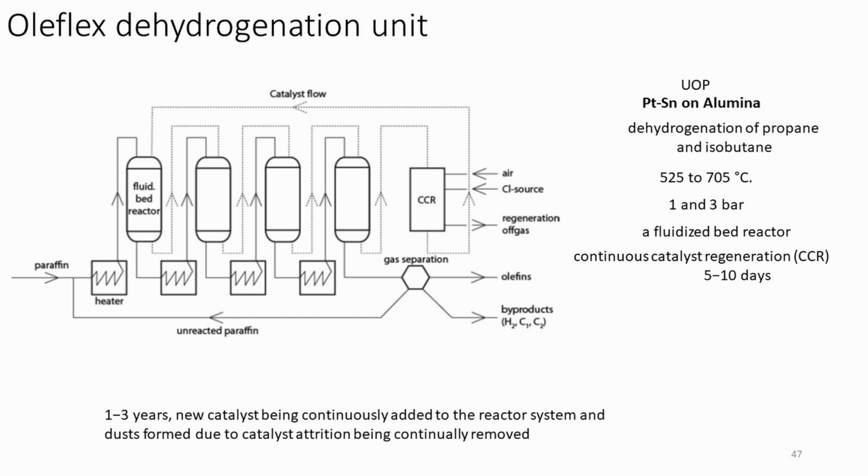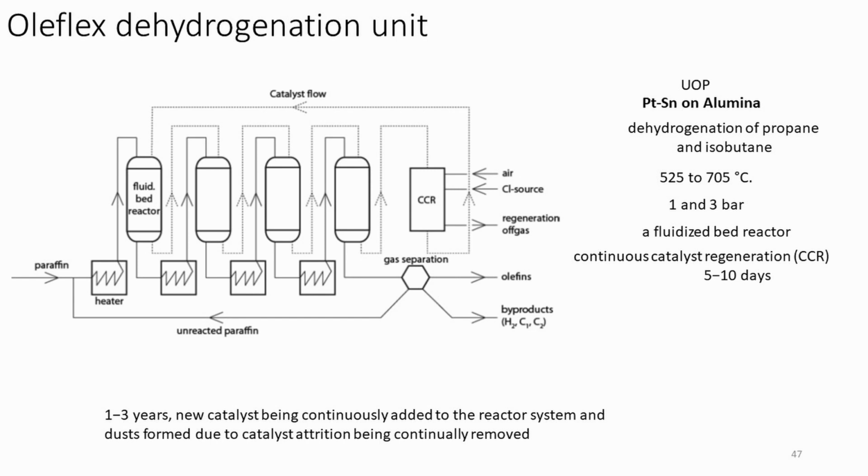The reaction is run using a platinum-tin catalyst at a pressure between 1 and 3 bar and a temperature ranging from 525 to 700 degrees C. Three or four adiabatic radial flow reactors containing the catalyst are connected in series with preheaters in between. These gas flow preheaters represent the main source of heat of the reactor system.